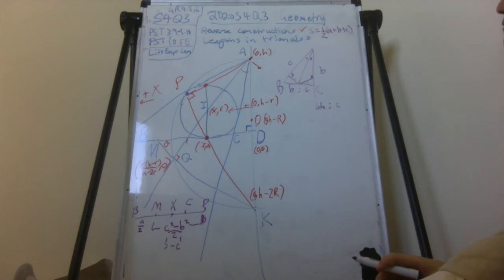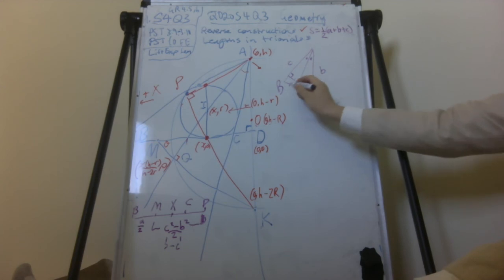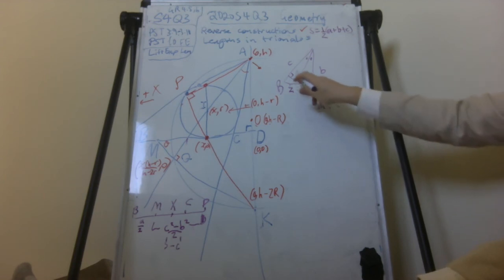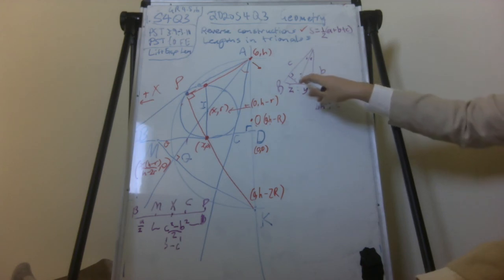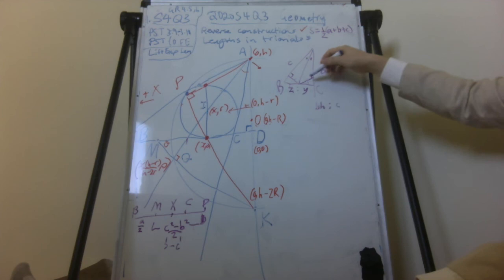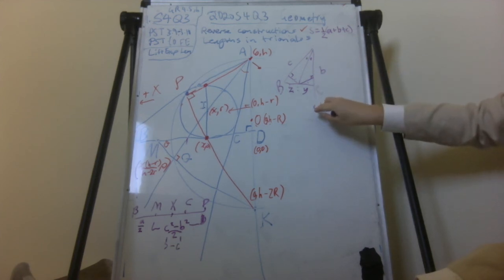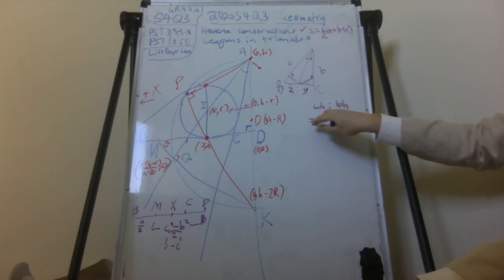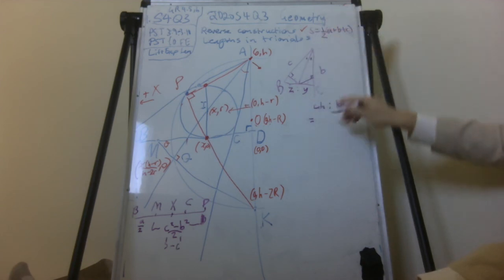So this is like x to y, yeah? Let's use different letters, z to y. c times this height to b times this height, yeah? They're the same heights, is equal to z times that height to y times that height, yeah?